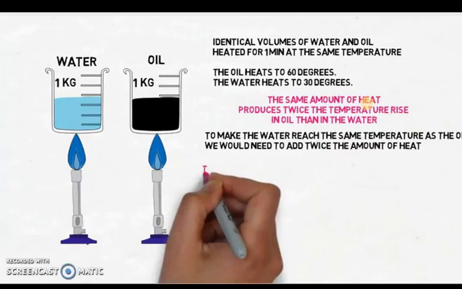So which means the same amount of heat produces twice the temperature rise in oil than in the water, which is the same as saying half of the energy that is required to raise water to a certain temperature doubles the temperature rise in oil. Okay?